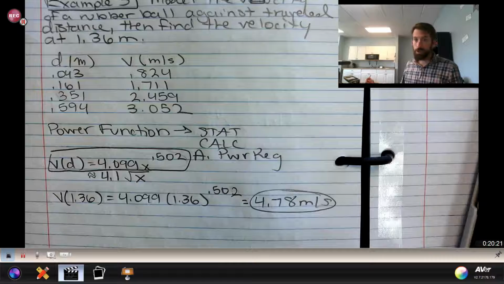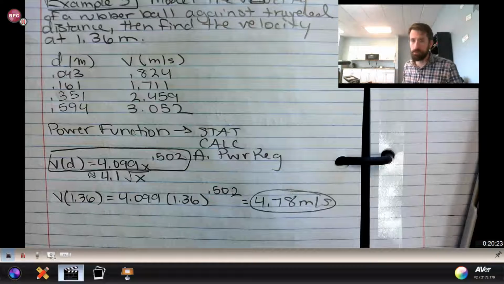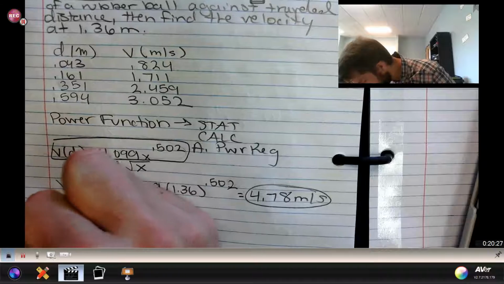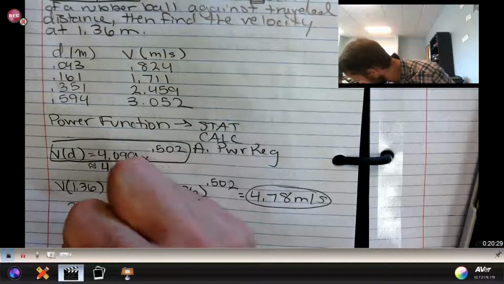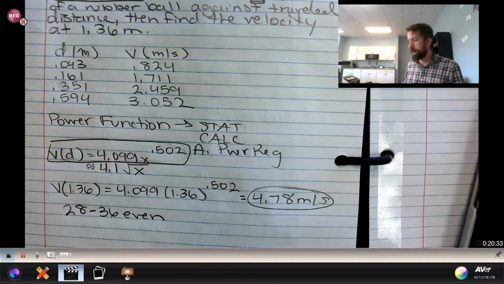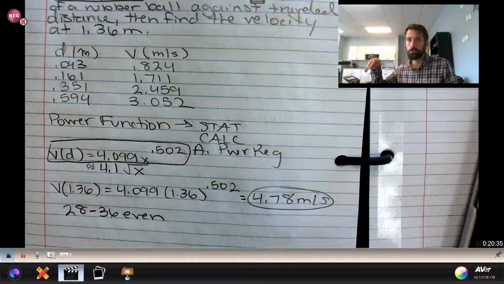Okay, so you have about a handful of homework problems, 28 through 36 even. These are going to be like the first two problems. The first two problems, you are going to state the constant of variation, the power, graph it, and then analyze it.